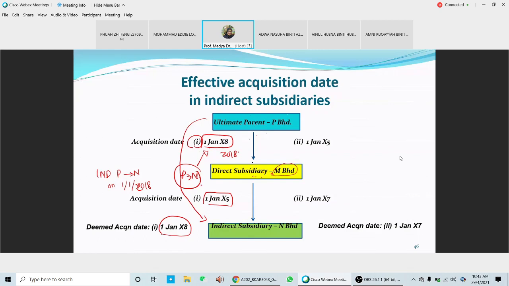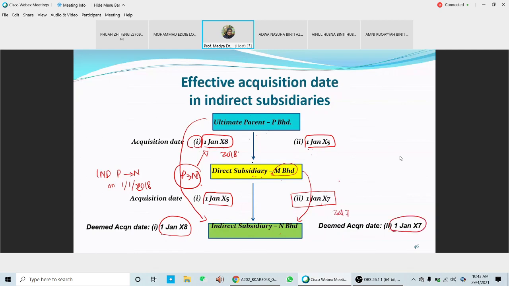The second situation here, parent acquired M on 1st of January X5. During this time, M does not have a subsidiary N yet. Later, M acquires N in January X7. So it means that the parent only has an indirect interest starting from 1st January 2017.